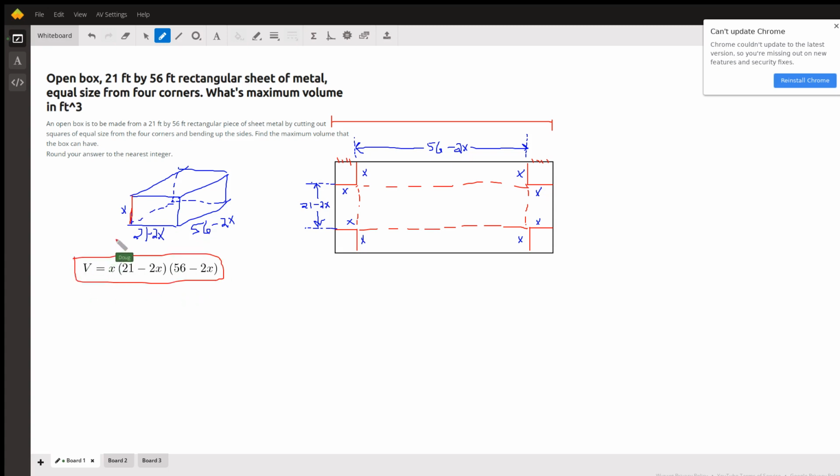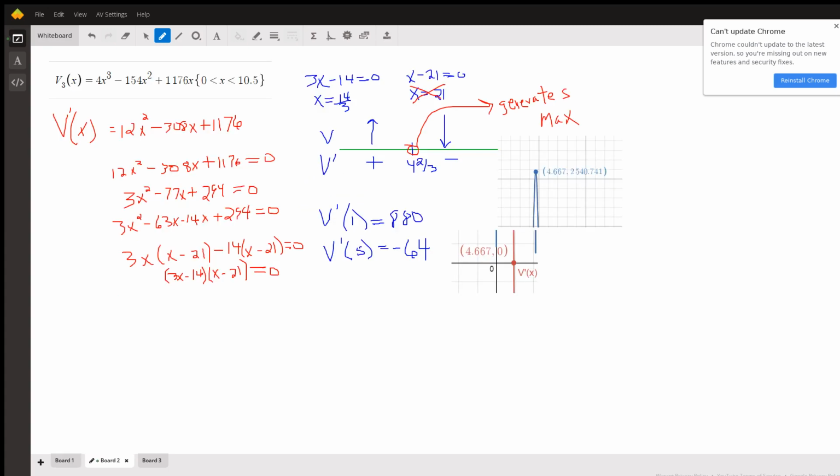Now, how are you going to find out what value of x generates the maximum volume? Well, I didn't see this problem posed under the calculus heading. So if you're not using calculus, you have to graph the function and locate where it hits its maximum, which is right here. This is a graph of this V right here.